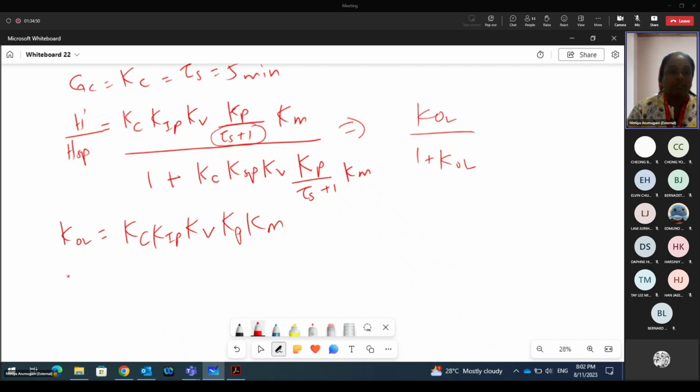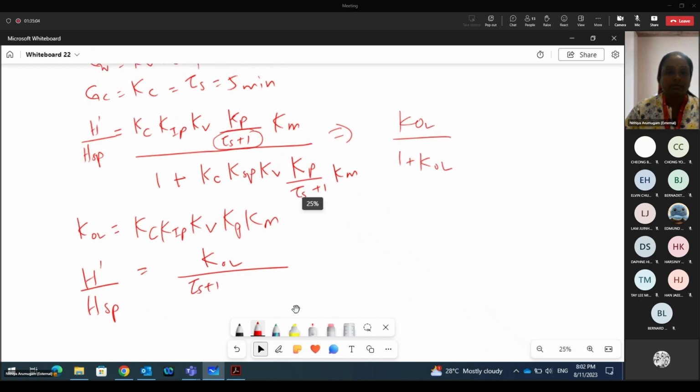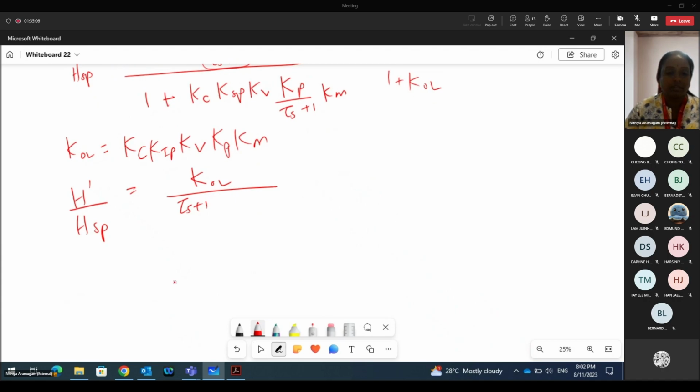Now the new form of the set point change transfer function will be in terms of KOL. So it will be tau s plus 1 over the whole thing here, tau s plus 1 plus KOL over tau s plus 1.